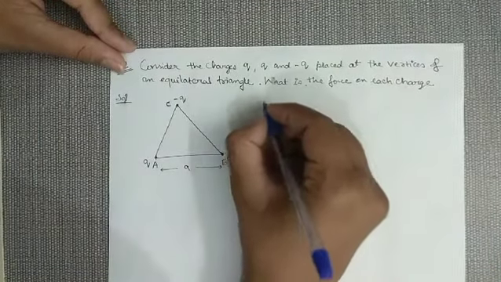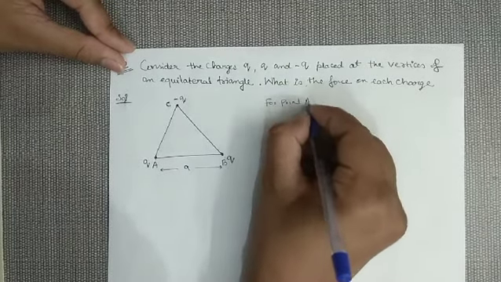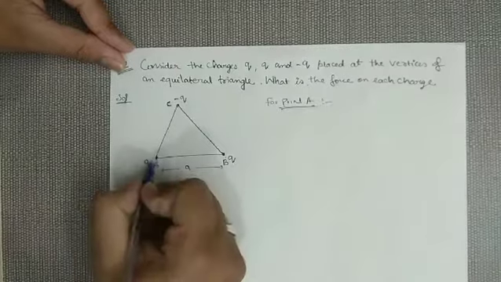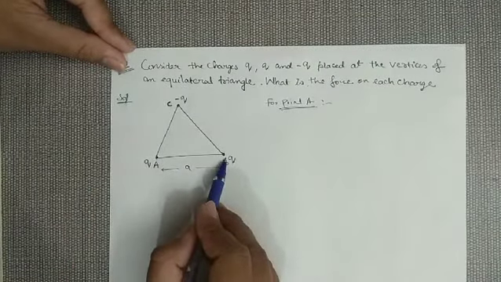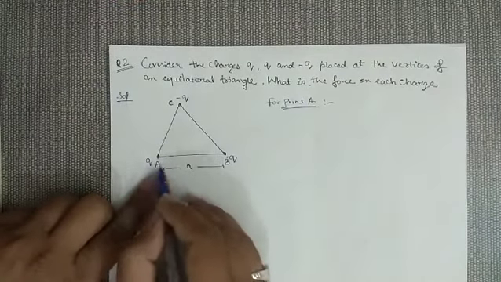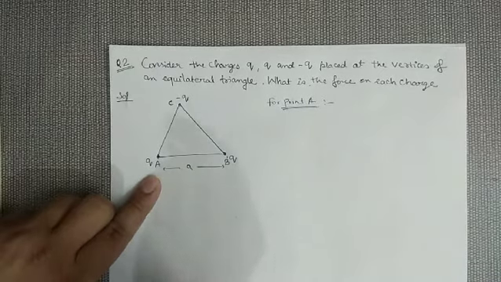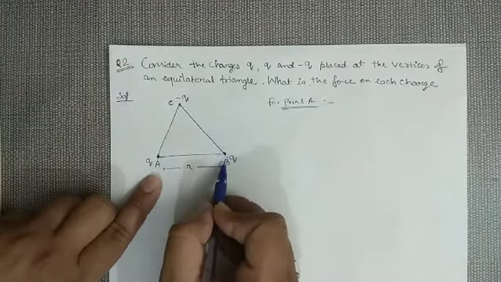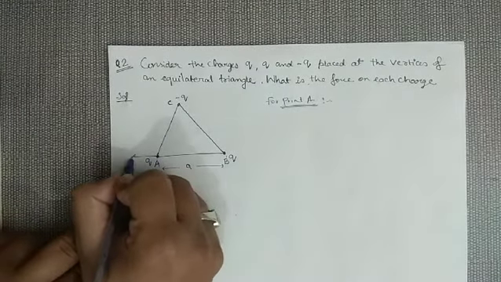Now see what is going to happen. First of all, we'll solve it for point A. This is your point A. This is positive charge. This is positive charge. Now just think, don't consider what force is applied by A. You have to just see the force applied on A. The charge at B is going to repel the charge at A in this direction.